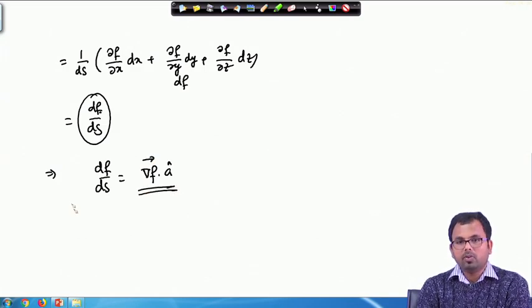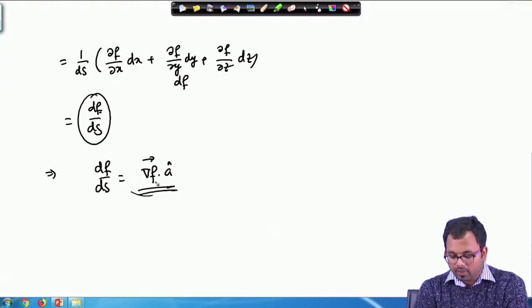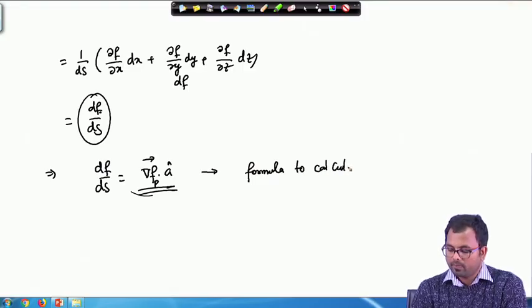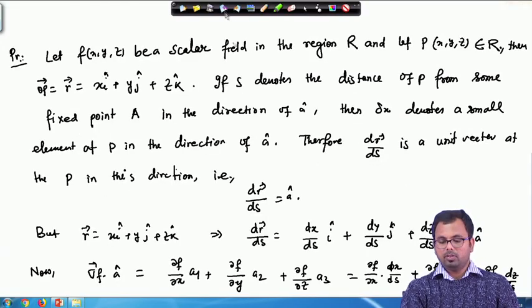If we want to calculate the directional derivative, we calculate the gradient of the function f at the point P, this is very important, times the unit vector A. So this is the required formula to calculate the directional derivative. All right, and this is what we wanted to prove.